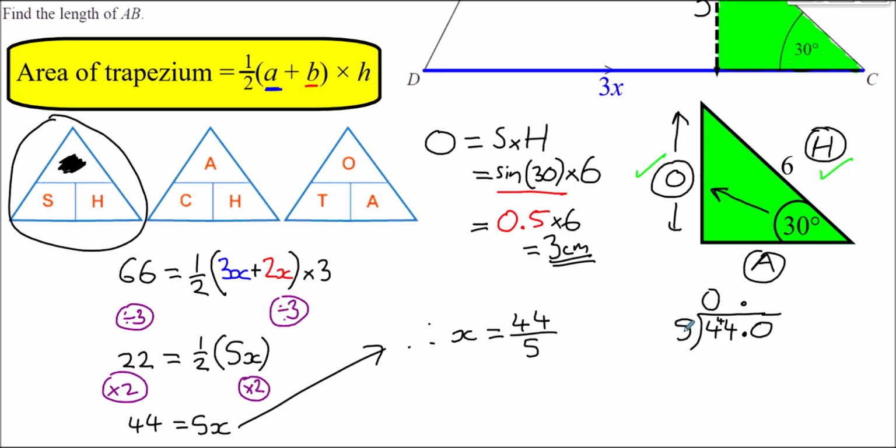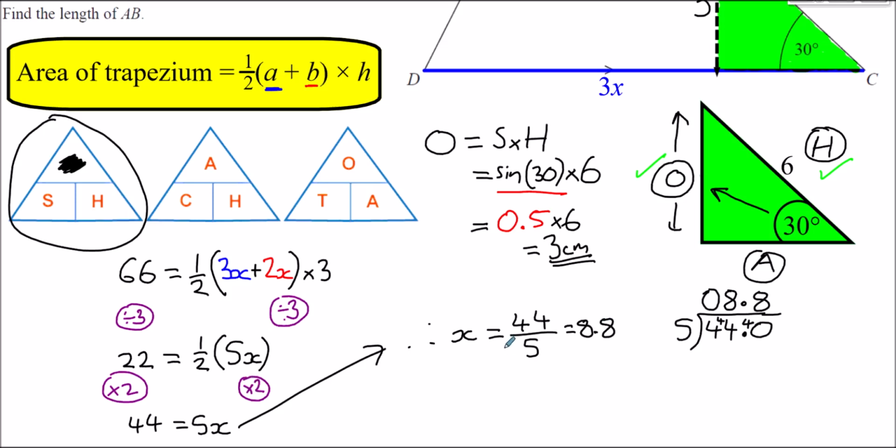Well, we can fit 8 5s into it. 8 times 5 is 40. 5 times 9 is 45, so we can't quite fit 9 in. So the remainder is 4. Then 5s into 40 goes 8 exactly, so 44 over 5 is 8.8.